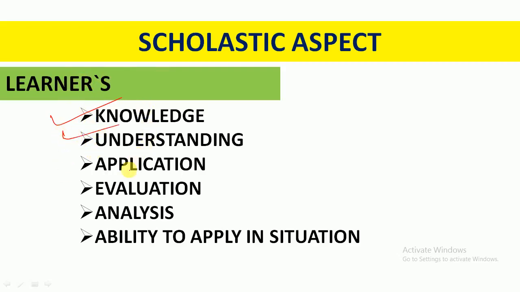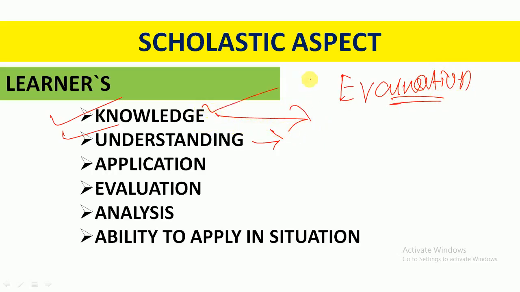Second point, understanding is needed, because when we do evaluation we have to focus on this. You have to set questions on knowledge basis, that may be direct questions, and another is understanding basis. Understanding-based questions are important because the child must think about what the question needs and what it wants from me.